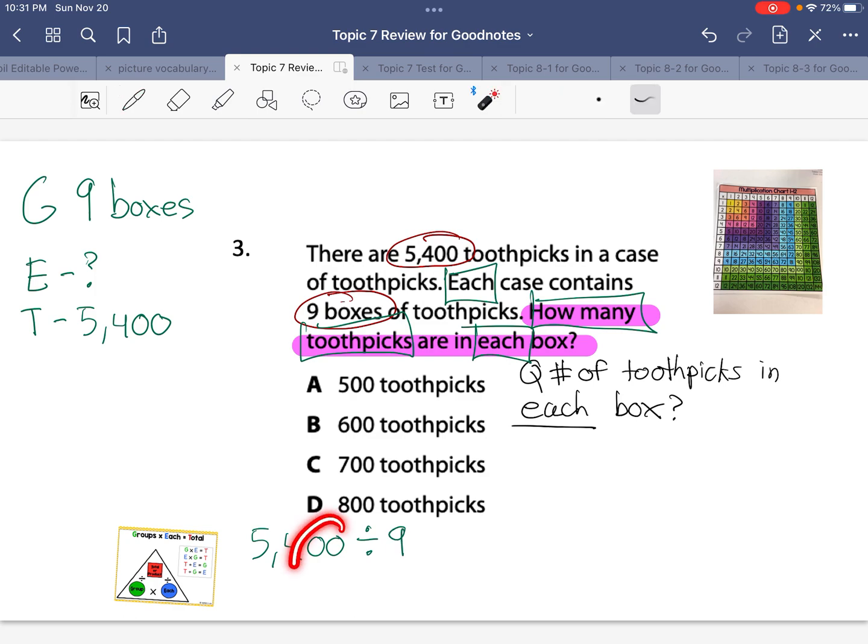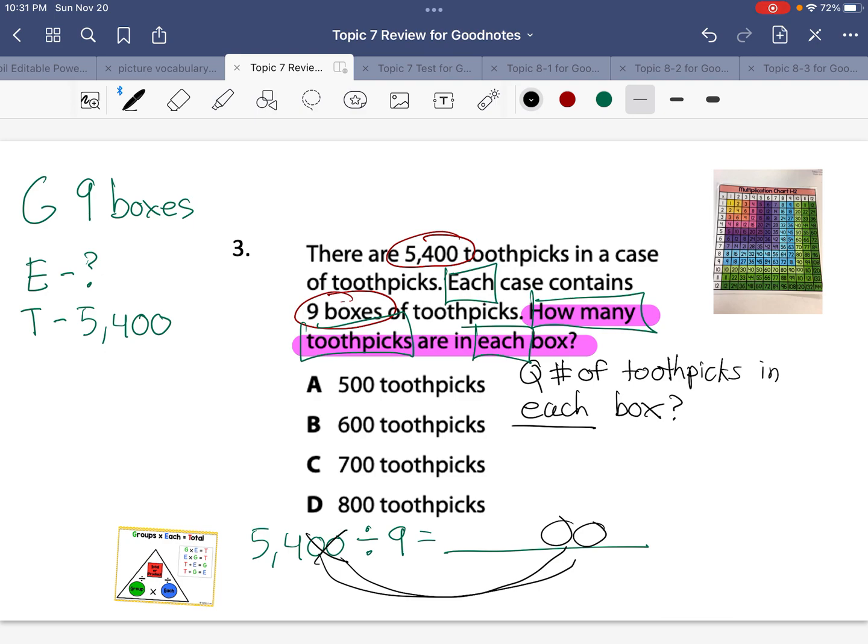And I can already tell I have zeros. So I can simply just drop them, cross them out, and I'm left with 54 divided by 9. So I ask myself, what times 9 is going to give me 54? And that will be 6.